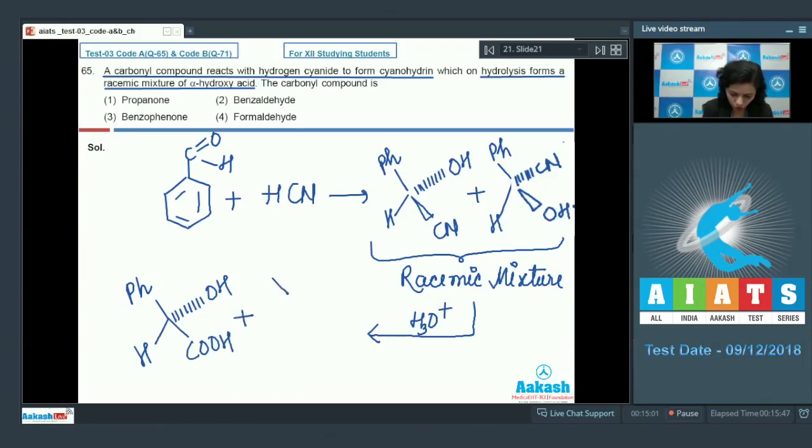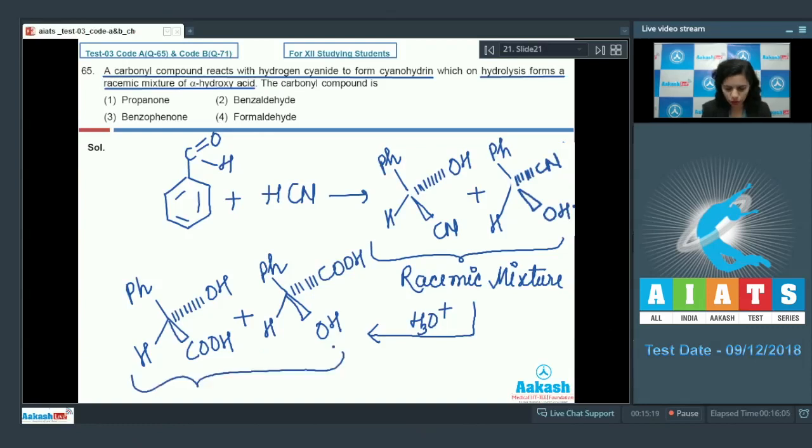These two products would be formed. This is also the racemic mixture. So benzaldehyde is doing so. But if we talk about the other compounds, they will not do so. That is why I'll mark it as the correct option. So the answer for this question is option 2. I hope this question is clear to you.